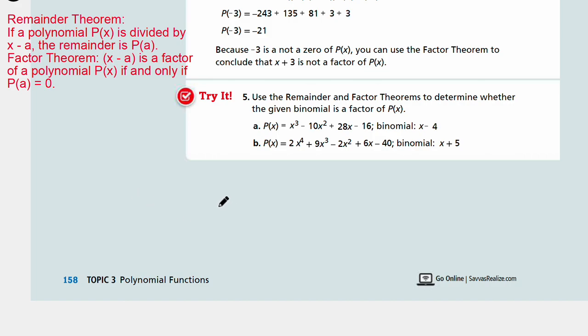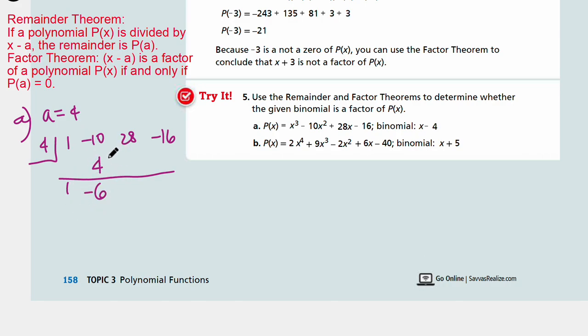Okay, so now we can check if the remainder is 0 or not. So let's look at part A. Use a is equal to 4, right? So 4, using synthetic division, 1, negative 10, 28, negative 16. You'll put 1 down, multiply by your factor, your 4, your a, and then you add them, multiply, add them, multiply, and you have a remainder of 0.